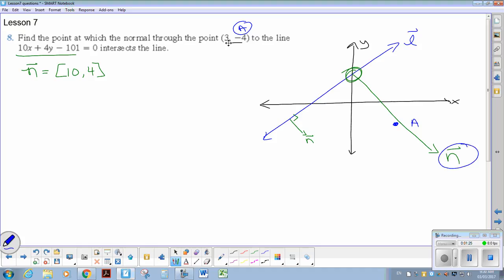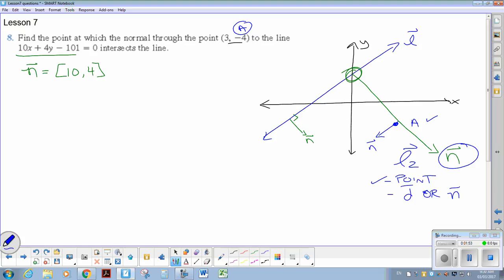So we're not going to call it the normal, we're going to call it line number 2. If we want to find line number 2, we need 2 pieces of information. We need a point, which we have, and we need a direction vector, or in this case, I'm going to go for a normal. So can we find a direction vector or normal for my new line? That means I'm looking for the normal to the line.